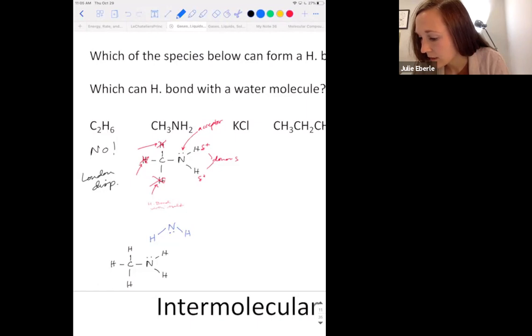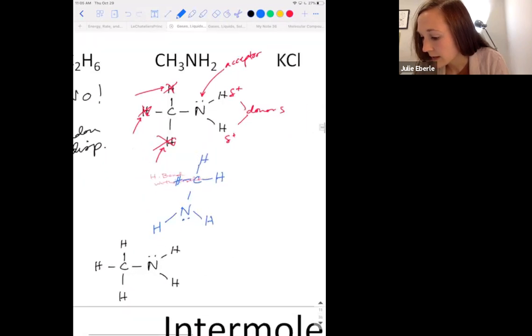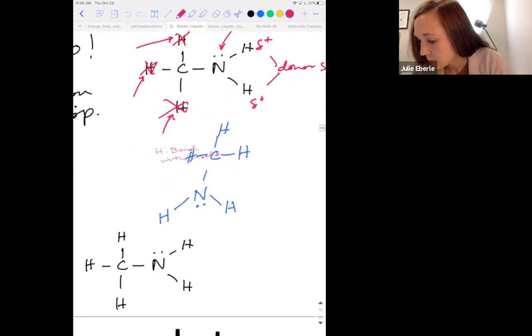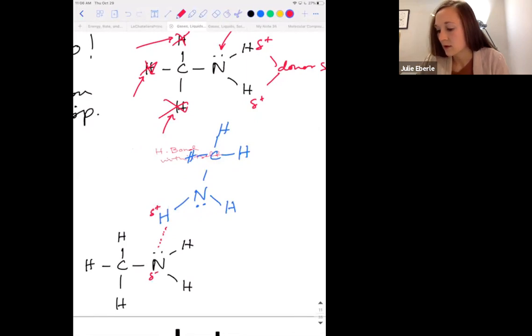I don't really have a lot of room, but you could draw the CH3 group. And here's where the hydrogen bond comes in, right between these two. This is our positively polarized hydrogen, and this is our semi-negative, because that's where the electron charge is. That's how you would draw these two identical molecules interacting in a hydrogen bond.